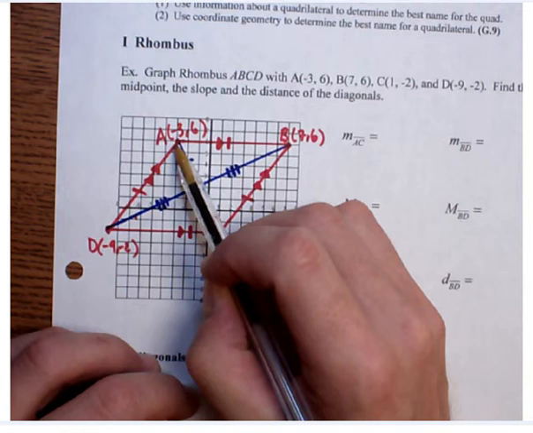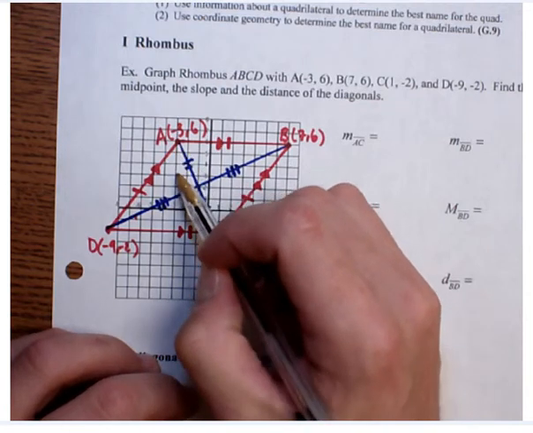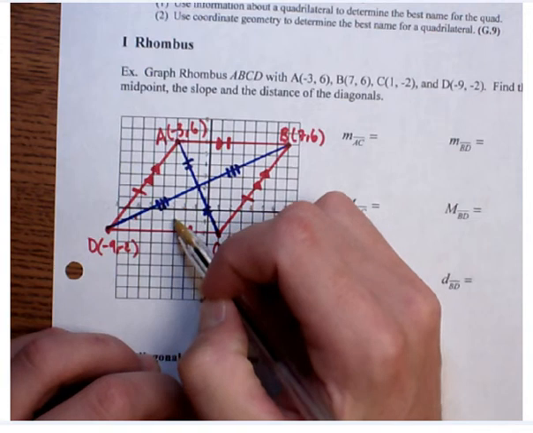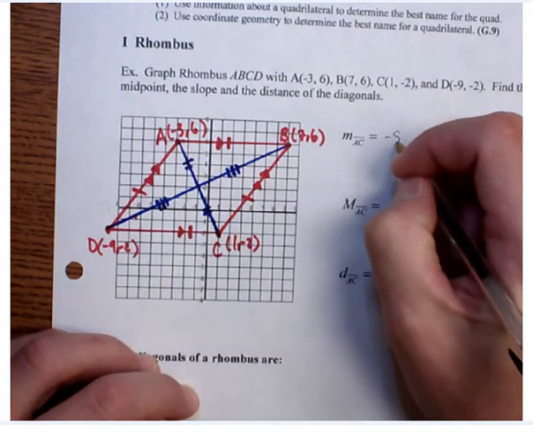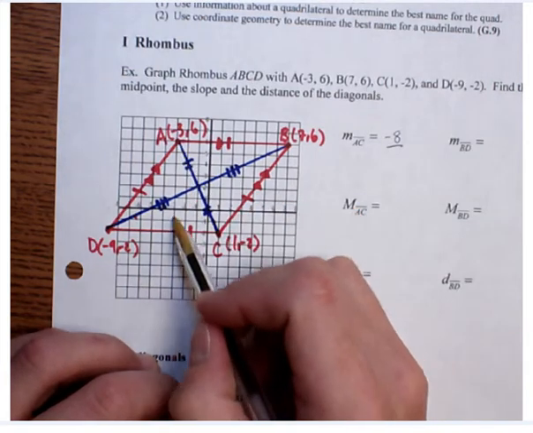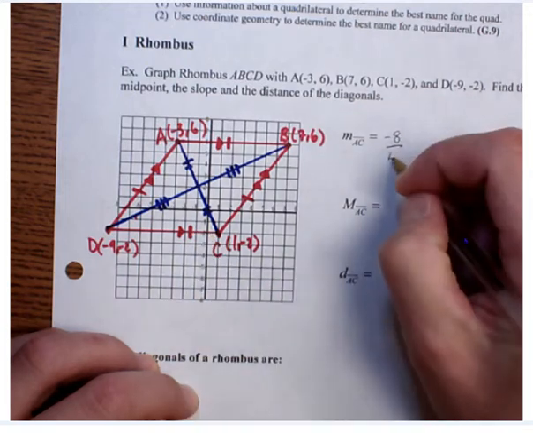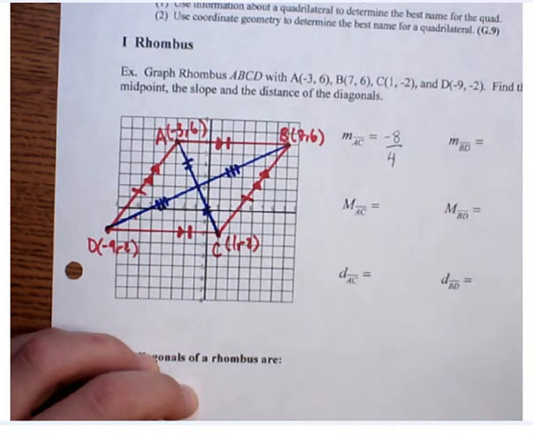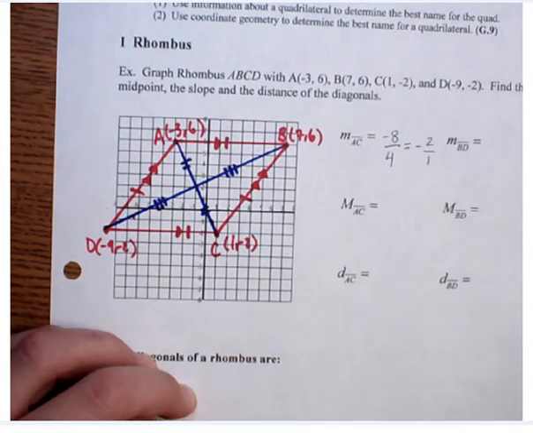Now I'm going to start with point A and I'm going to go down 1, 2, 3, 4, 5, 6, 7, 8. So we go down 8, which is negative. And then we're going to run to the right 1, 2, 3, 4. And to the right is positive. -8 divided by 4 reduces to -2/1.